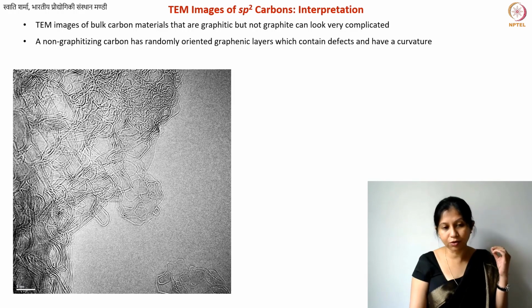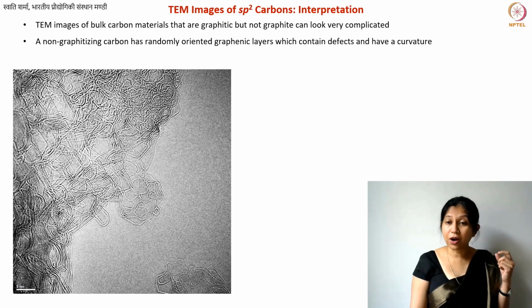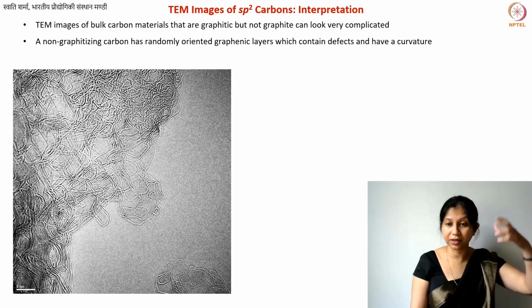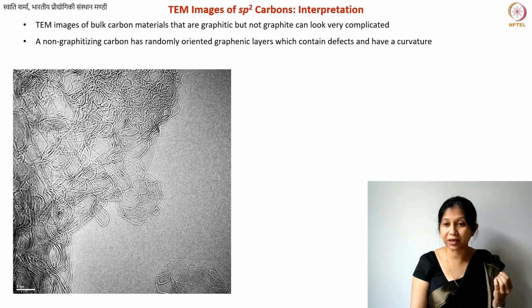In principle you should go below 20 nanometers. Why? Because if you are going to carbonize a polymer, you will also have some byproducts, some tarry materials, and you don't want to contaminate this very expensive machine. So you want to make sure that the quantity of the material is as small as possible. Anyway, this is the image of some non-graphitizing carbon.